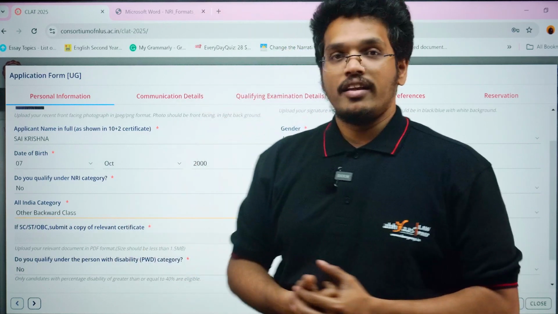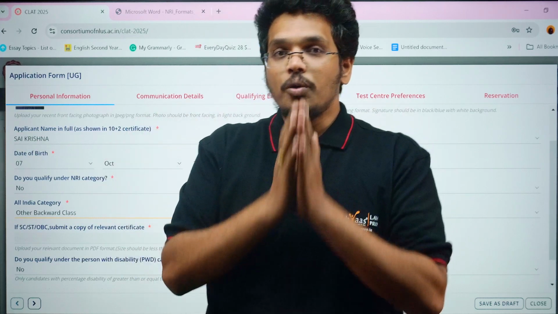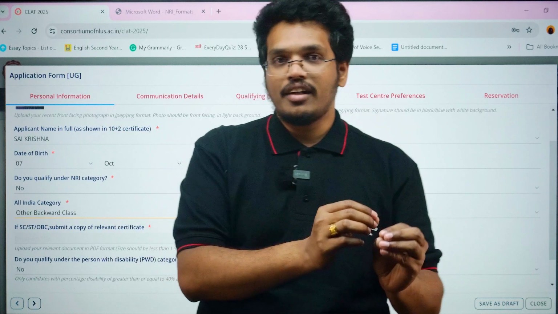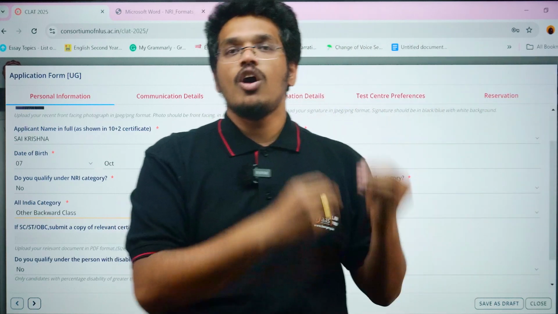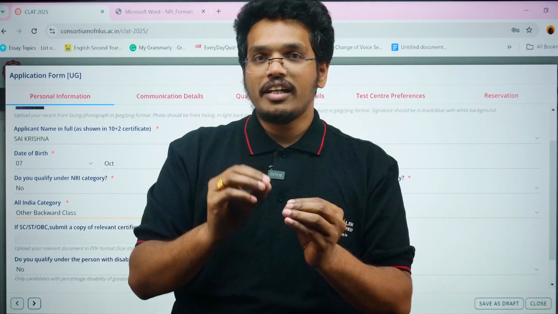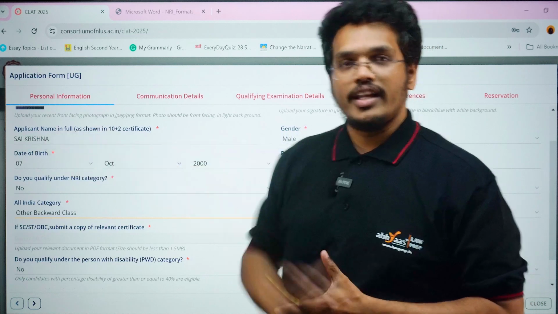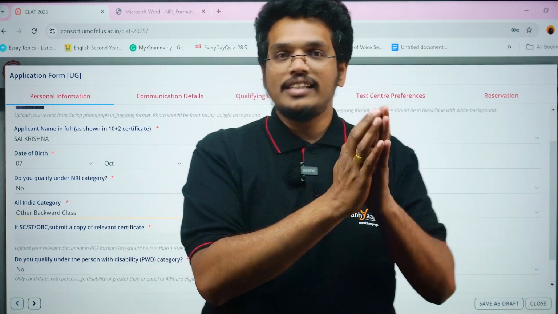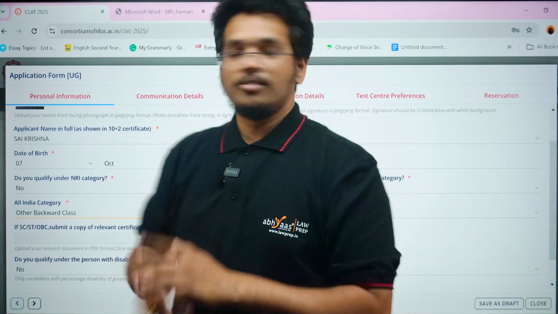Then what to apply here, a BC certificate or an OBC certificate? You need to apply for the OBC certificate through central government portals or MeSeva or eSeva. A BC certificate is not valid for reservation under the All India category. You need to apply separately for the OBC certificate through the portal.